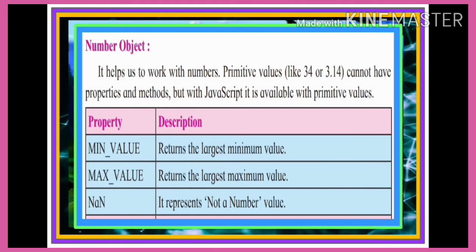Next property is MAX_VALUE, which returns the largest value. And third property of Number object is NaN, where a is small. It represents a not-a-number value. So these are the properties of the Number object.